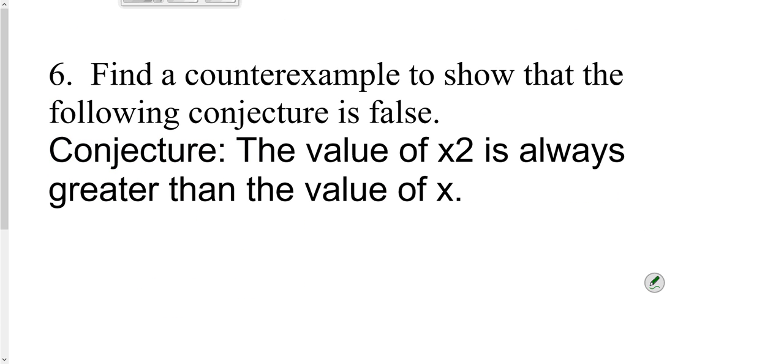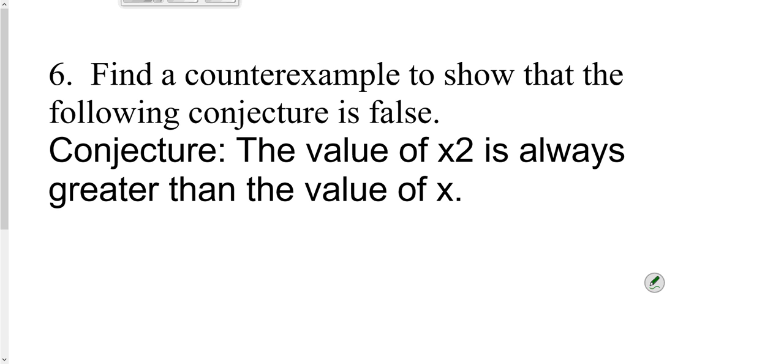All right, and then the last example. We need to find a counterexample to show that the following conjecture is false. So the conjecture is stating that the value of x squared is always greater than the value of x.